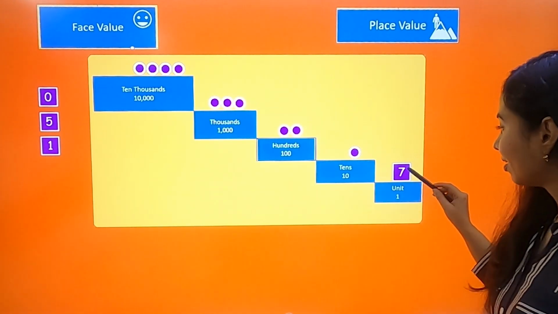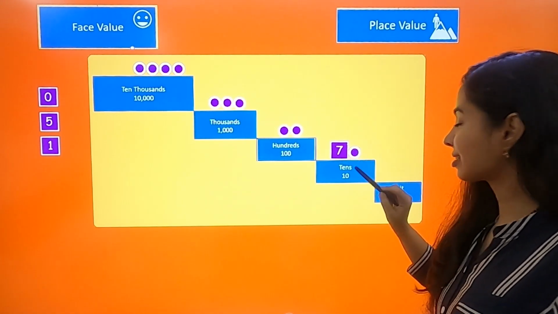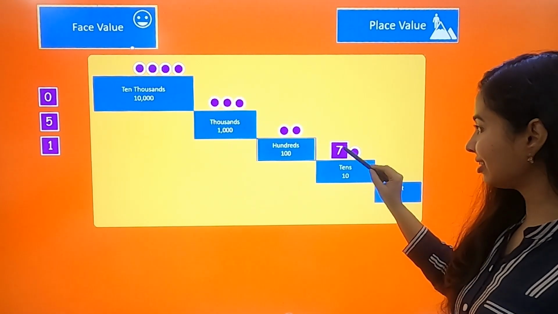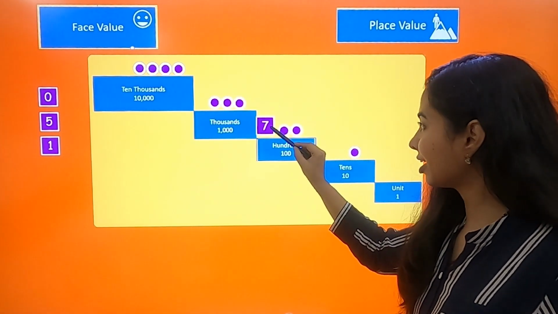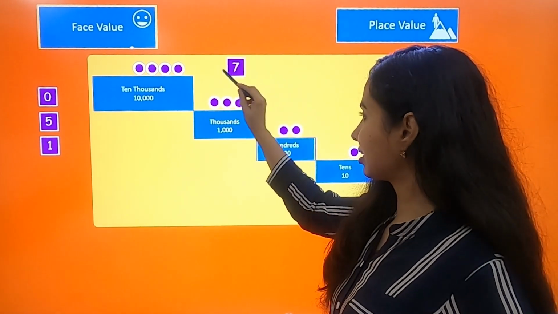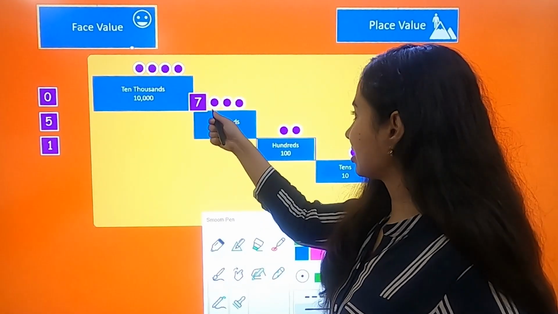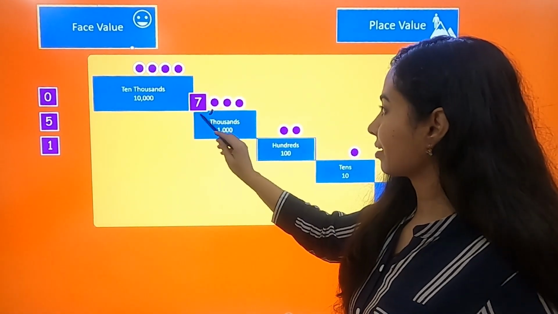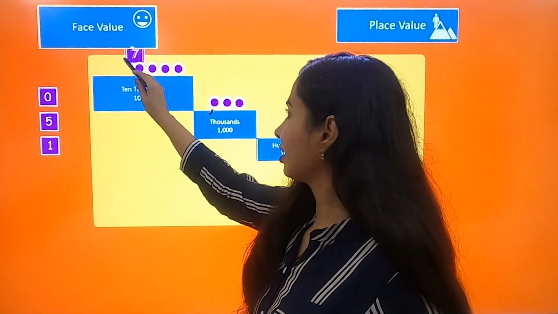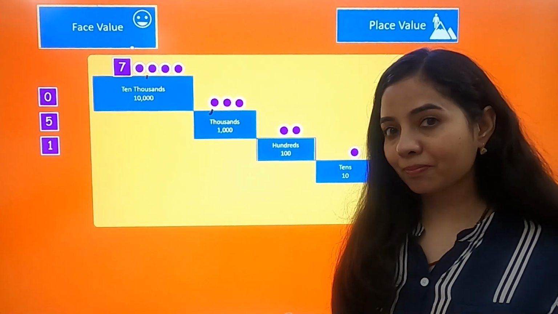Yes. When it is at tens place, its value became 70. Here at hundreds place, 700. At thousands place, it becomes 7,000. And here at 10,000, it becomes 70,000.